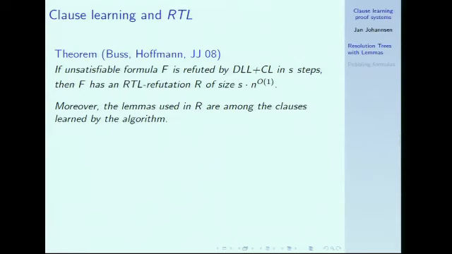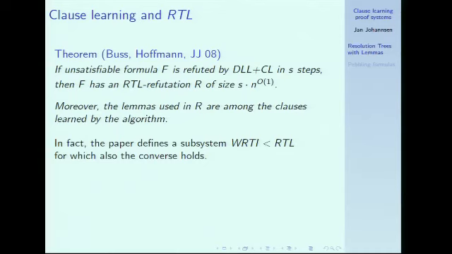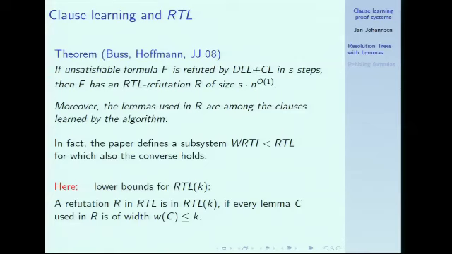In fact, this paper by Sam and Jan and myself contains a whole family of systems, and for some of them we have the exact correspondence to DLL with clause learning, in the same way that tree resolution exactly corresponds to plain DLL. And so what we want to do now is show that learning short clauses is bad.